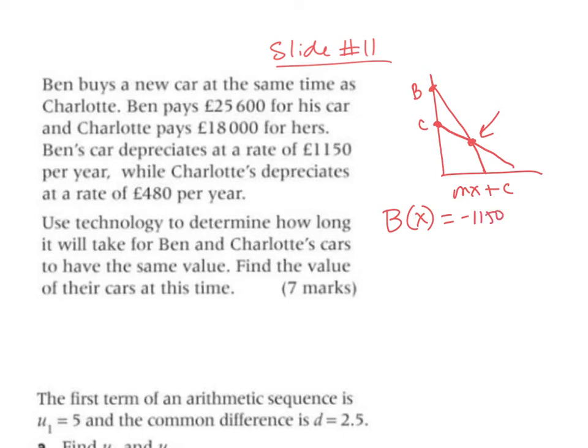Remember, it's depreciating, so this is a negative slope. Negative 1150x plus his y-intercept would have been 25,600. And then Charlotte's c of x, her slope is negative 480, again depreciating, but at a less steep rate, times the number of years, and then plus her initial value, which is 18,000.